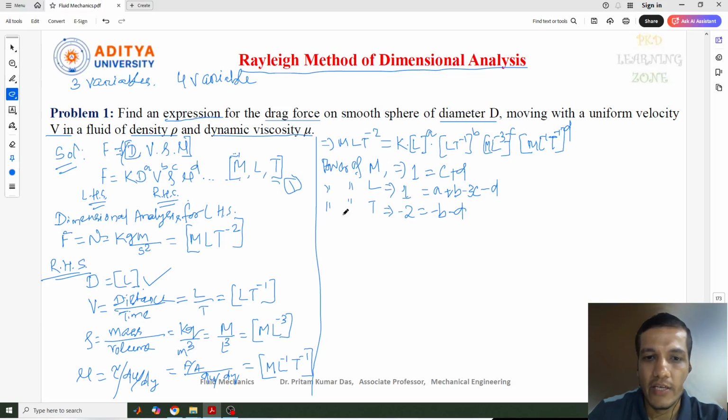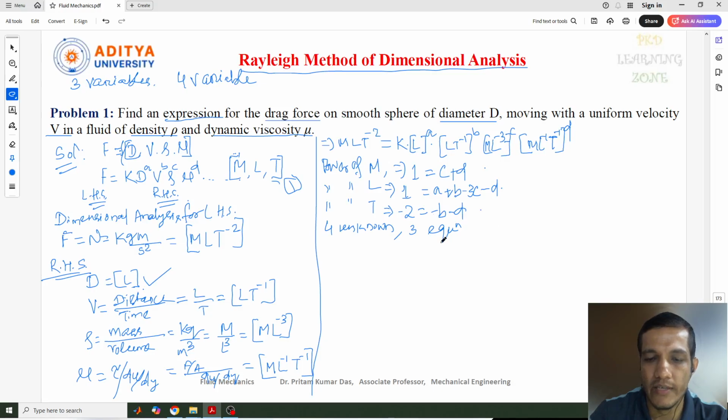Now if you see here, in total how many unknowns are there? We have 4 unknowns, correct? But how many equations are there? We have 3 equations. What are the 3 equations? These are the 3 equations, 1, 2 and 3.